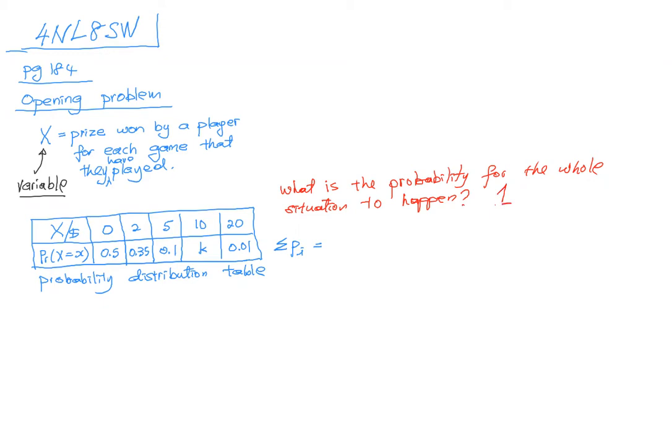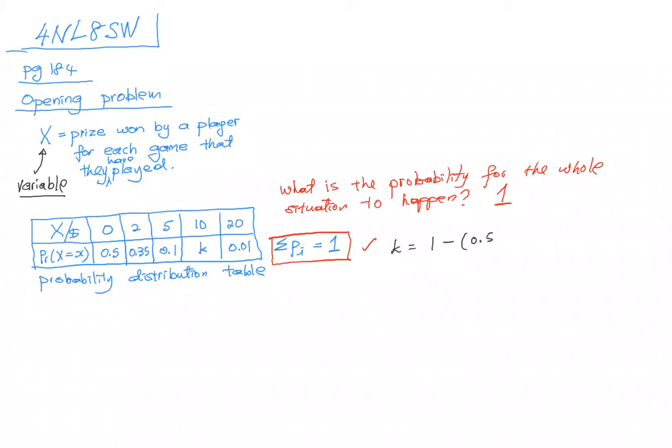So this is the first thing that you have to remind yourself. Sum of all the probability must be equal to 1. So this is the true fact that you have to know. So if I put a K there, then you will know how to find your K. You will take 1, take away the sum of all the rest.